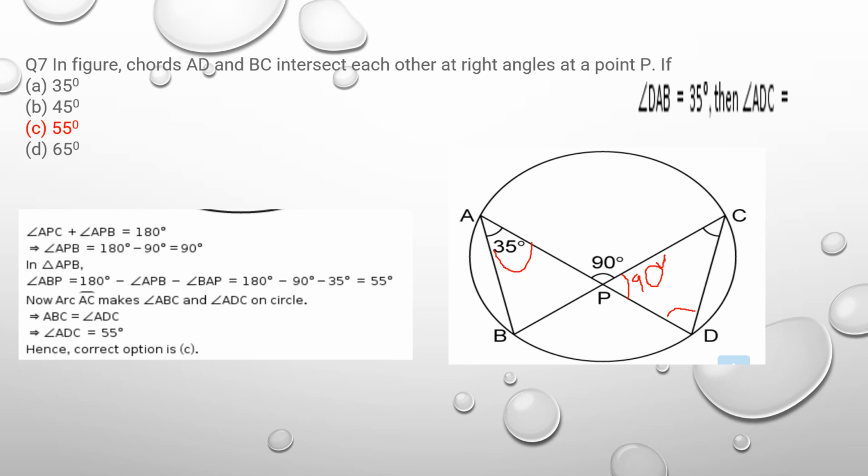And if this angle is of 35 degree measure, then this angle will also be 35 degree. So now we can apply angle sum property in triangle PCD, and we will get angle PDC equal to 55 degree. This is applying ASP, that is angle sum property of triangle.